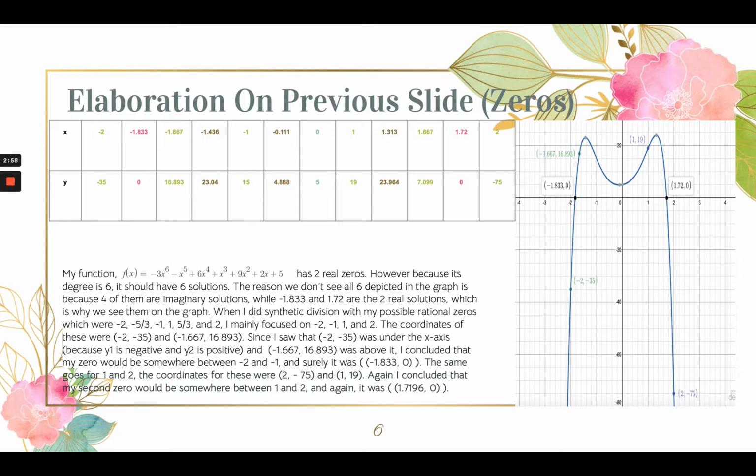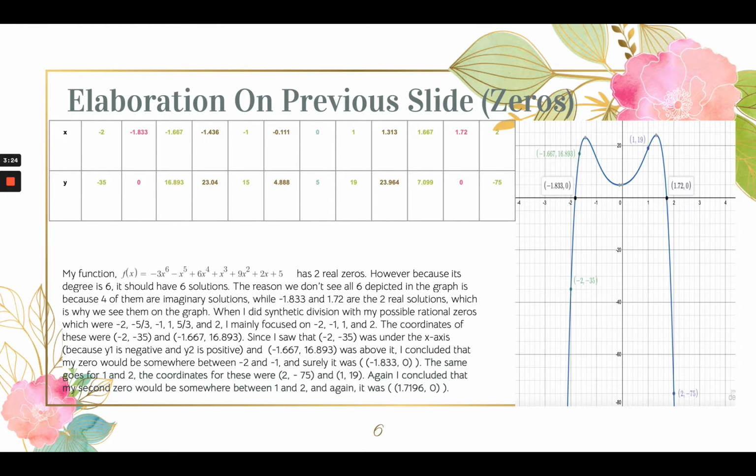When I did synthetic division with my possible rational zeros, which were negative 2, negative 5 over 3, negative 1, 1, 5 over 3, and 2, I mainly focused on negative 2, negative 1, 1, and 2. The coordinates of these were negative 2, negative 35, and negative 1.667, 16.893.